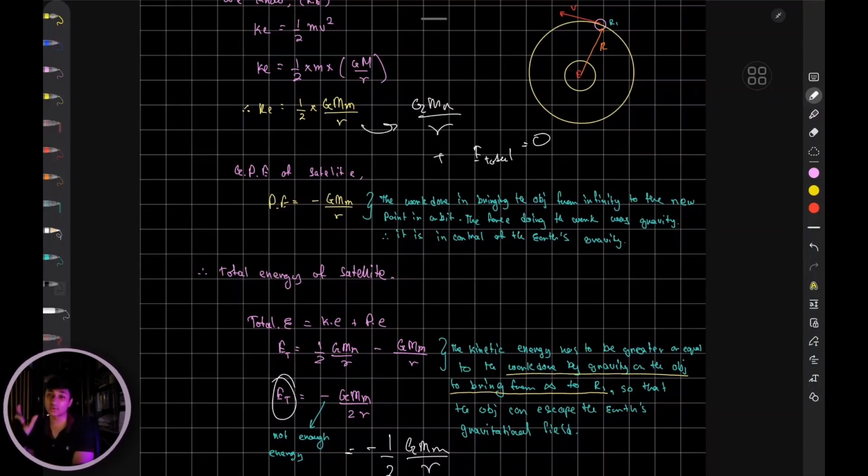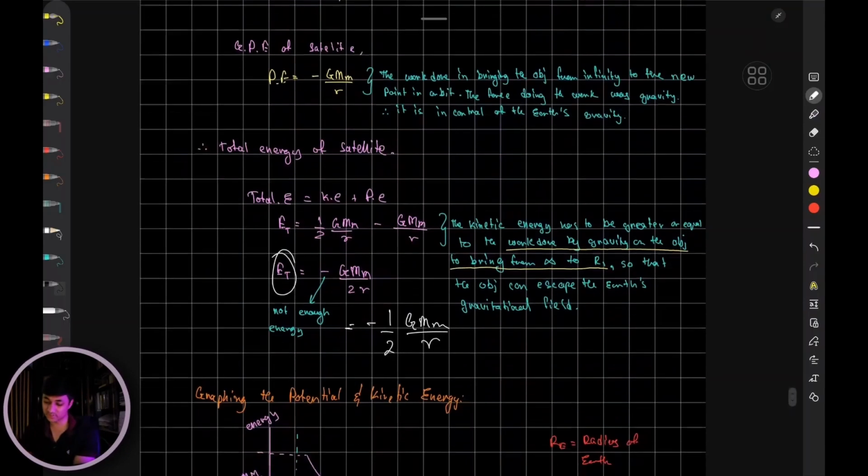In that case, it would have escaped from Earth's gravity, because its net energy would have been 0. That means it is under no one's influence.